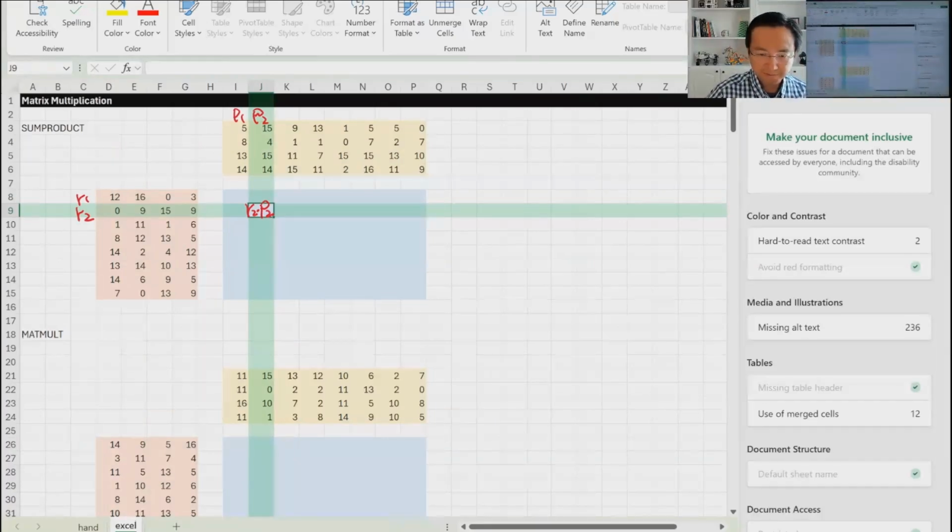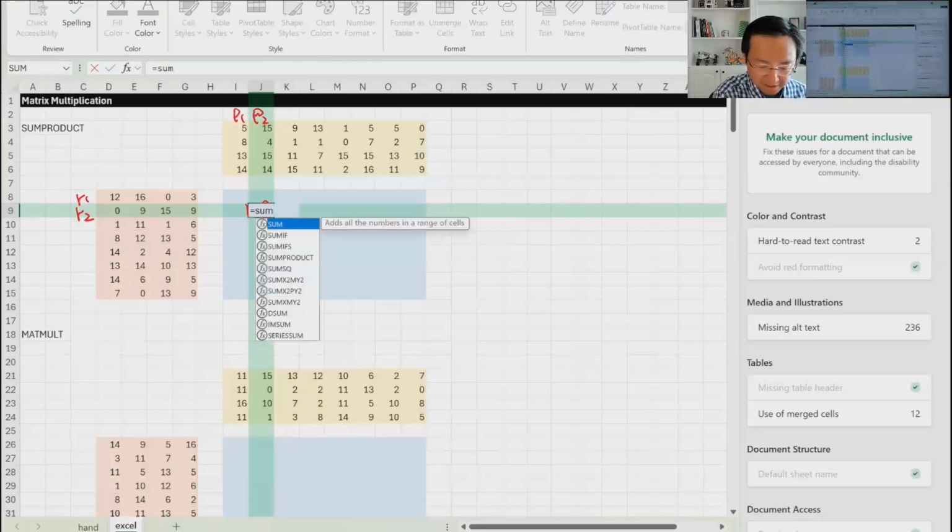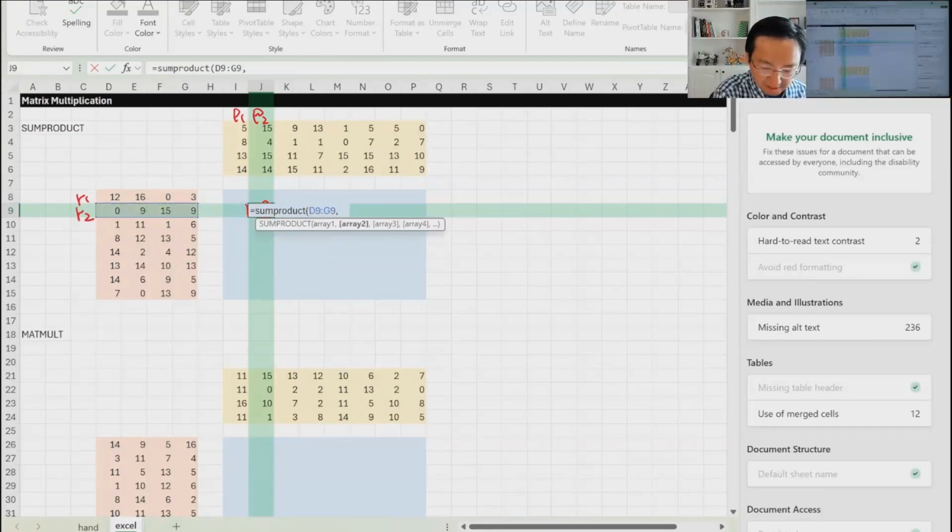So we can use a dot product, and SUMPRODUCT is the way to do dot products in Excel. So you can say SUMPRODUCT. We're going to select this thing, and then I also want to select this one. But for SUMPRODUCT to work, they have to have the same orientation.